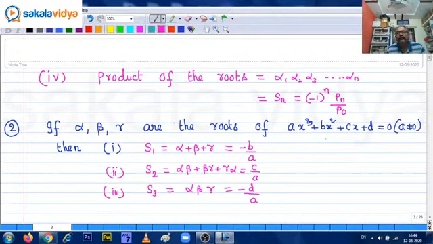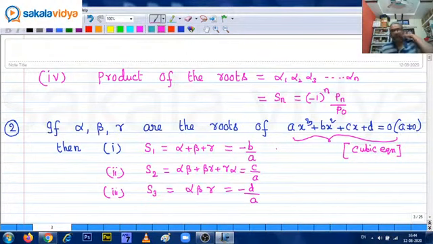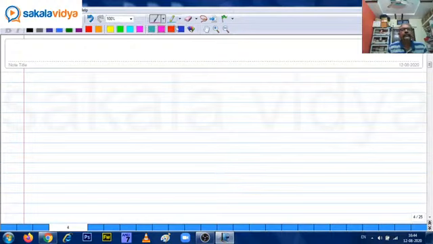This is called the cubic equation. Okay, right.